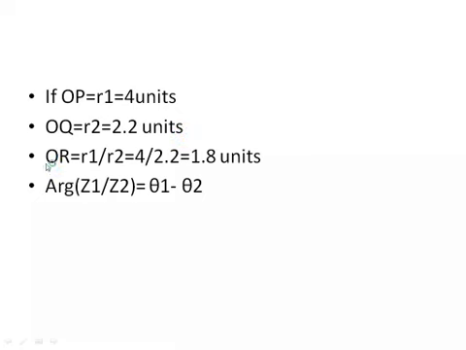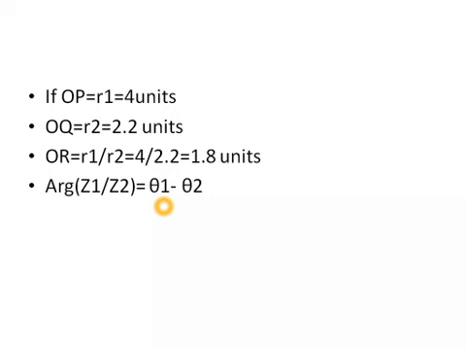OR is the ratio of R1 upon R2, 4 upon 2.2, which comes out to be 1.8. So the answer of division of two complex numbers has less modulus than the individual ones, and similarly their arguments get subtracted with respect to each other.